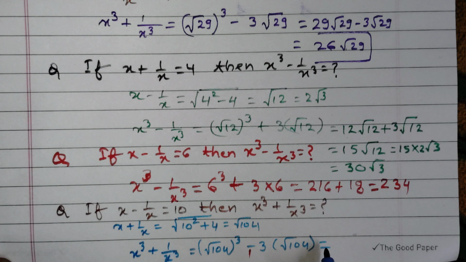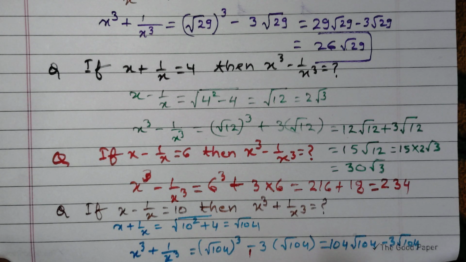So square root 104 cube is 104 into square root 104 minus 3 times square root 104. So 104 minus 3 becomes 101. So 101 square root 104 is the answer.